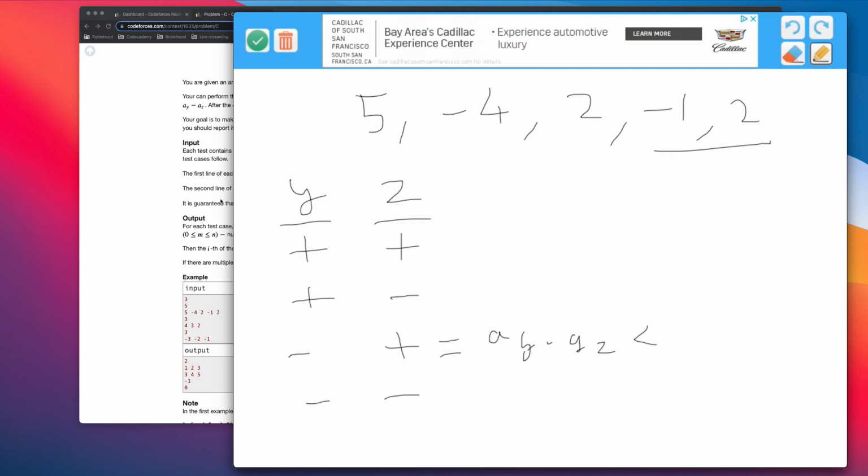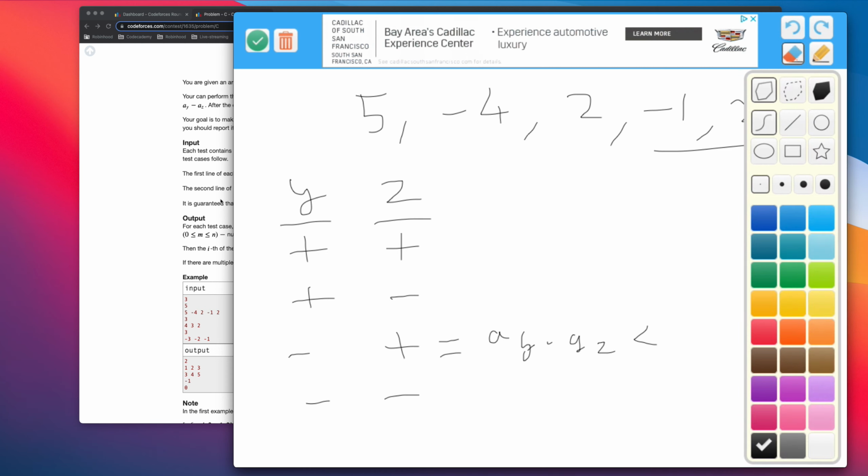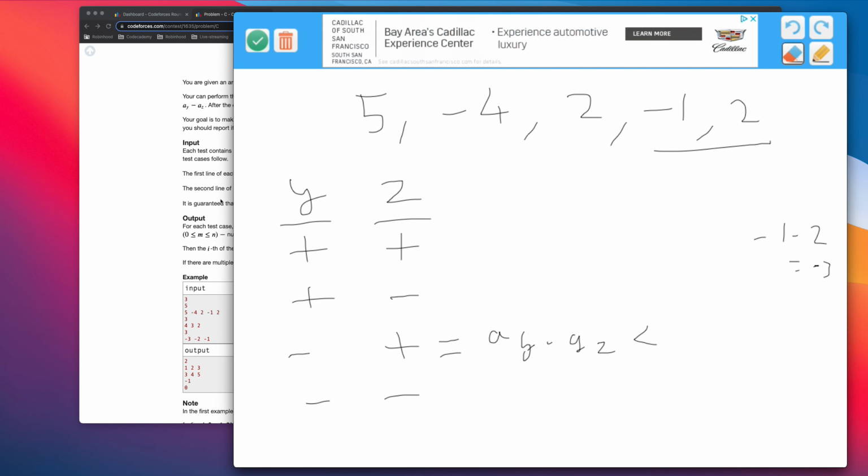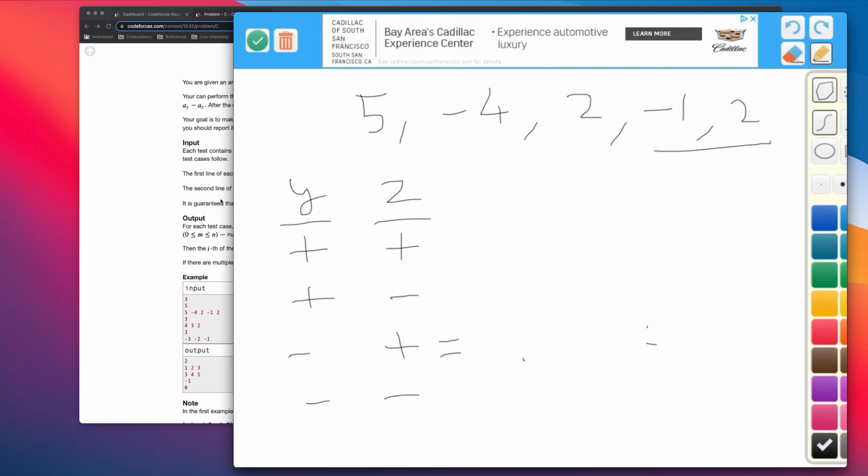Because let's say if it's -1, 2, then -1 minus 2 will give me -3. So it will always be less than ay and az, right? So no matter what, my answer is always possible in this case.